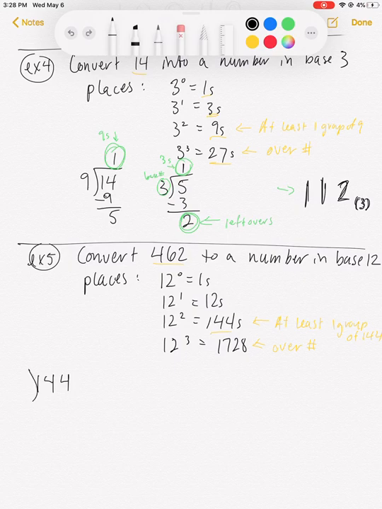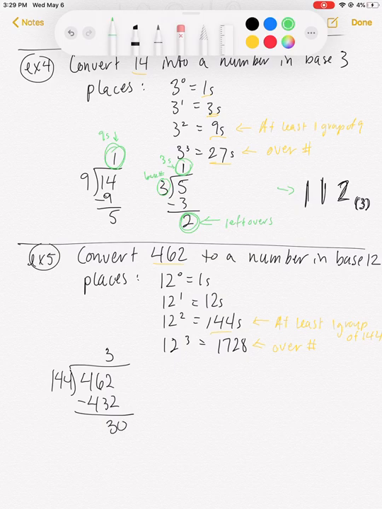So I'm going to take my number 462, divide it by 144 to see how many groups of 144 are in there. And doing some estimation, we'll do 3 of them, and we get 432. Now when we do subtraction, we get a difference of 30.